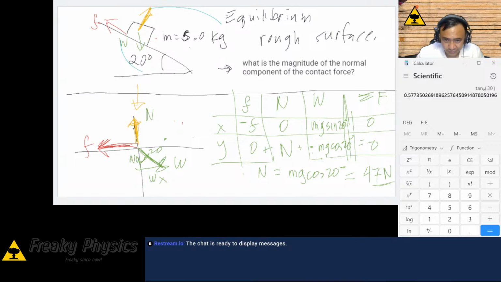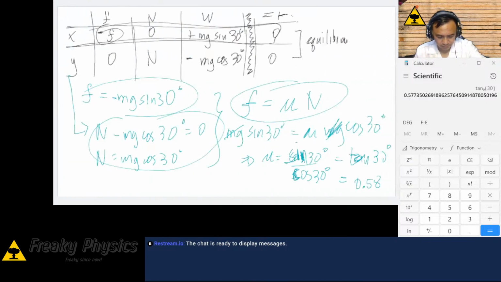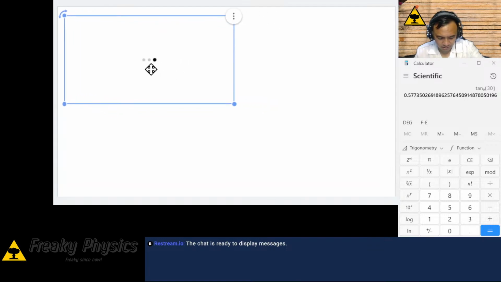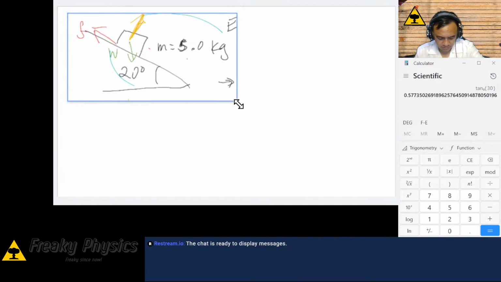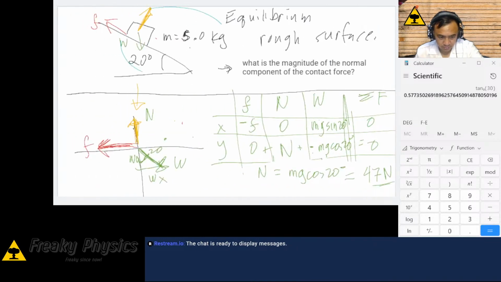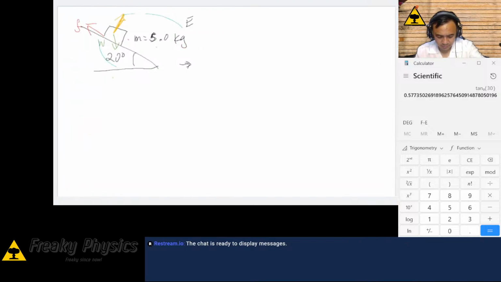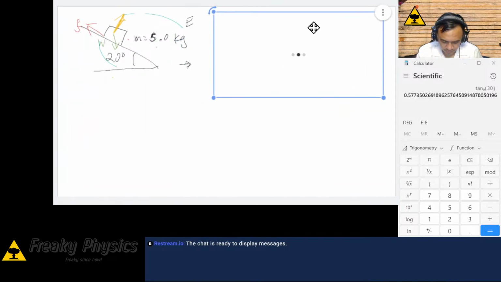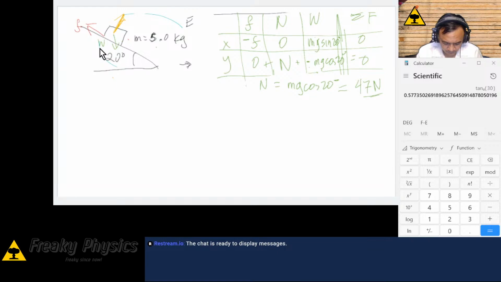So I'll just duplicate this, just copy this to make it easier for you to do. So what I do is mg sine 20 equals coefficient of friction.